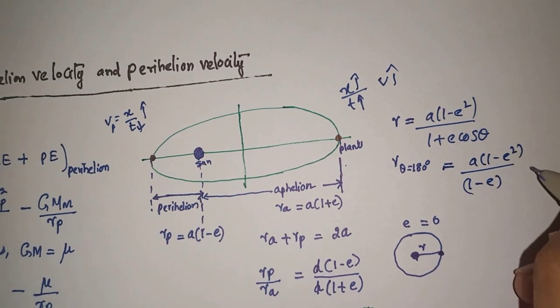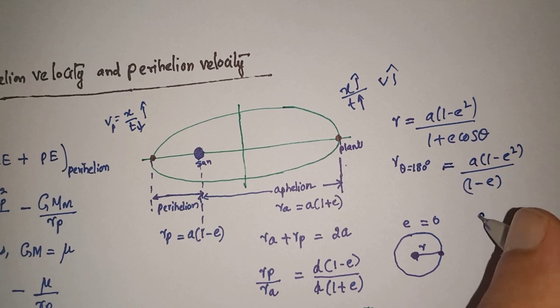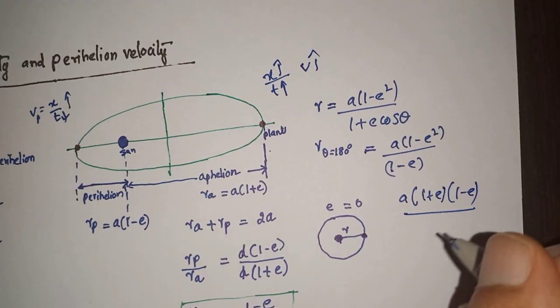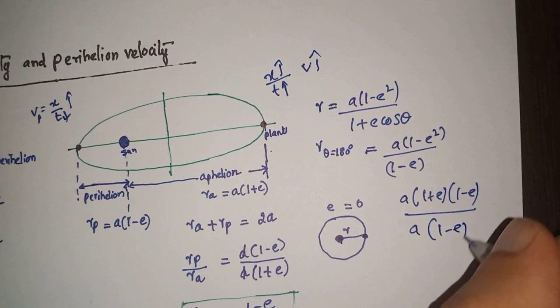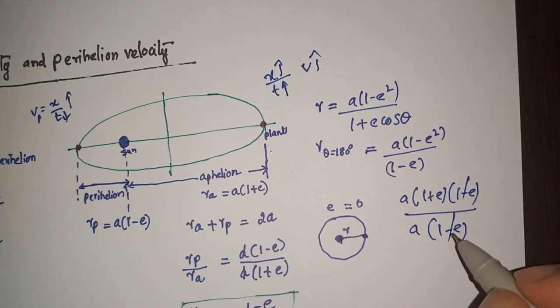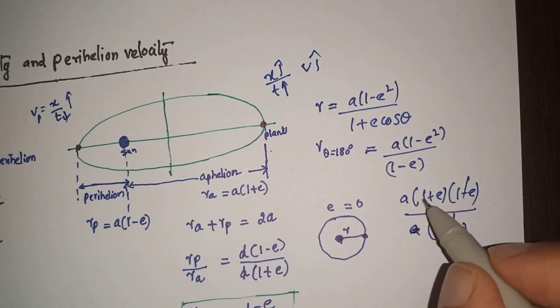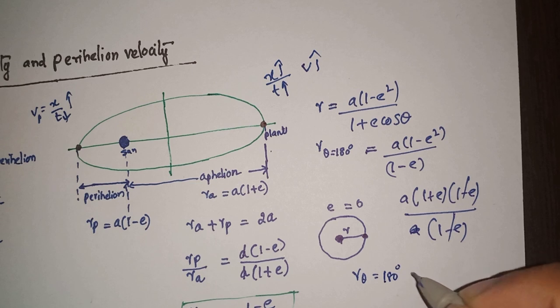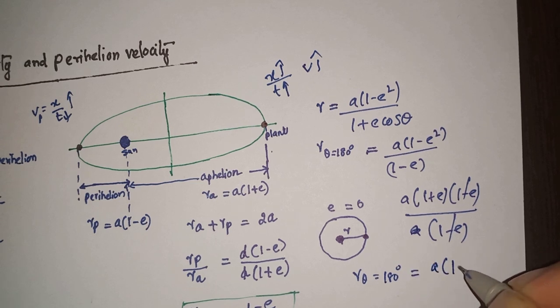So this is going to be a into (1 plus e) into (1 minus e) by (1 minus e). Now you cancel the terms, and you end up with a into (1 plus e) itself. That means you have r at theta 180 degree equal to a into (1 plus e).